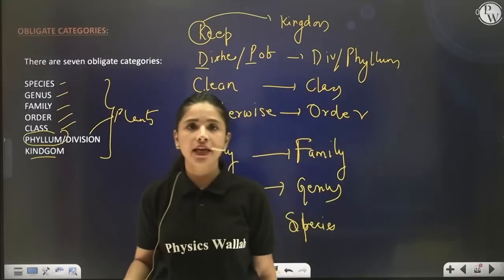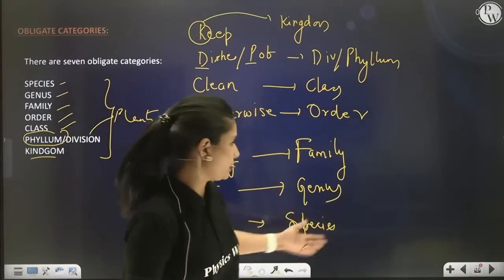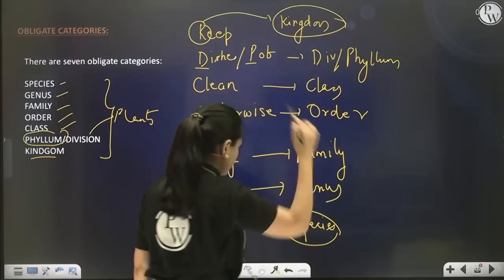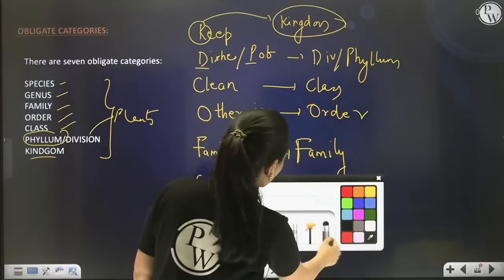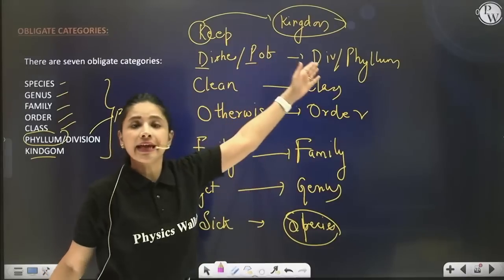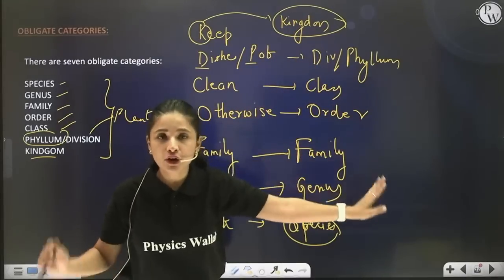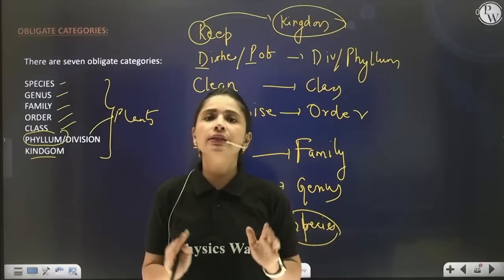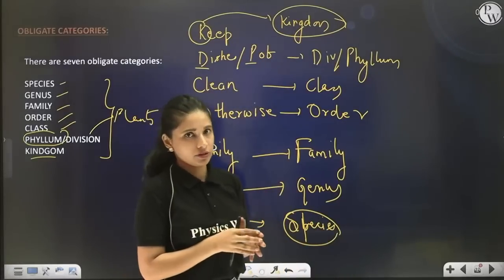So you can see that the lowest category is species and the topmost category of classification is kingdom. These are 7 obligate categories, and you have to remember all these 7 important categories.